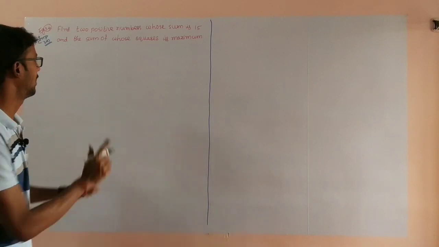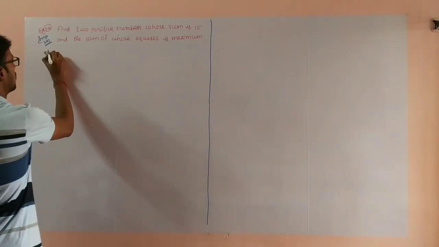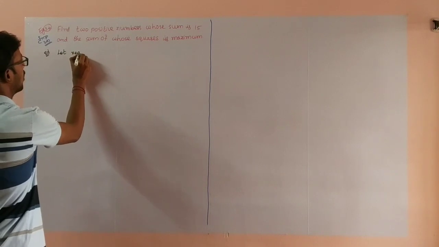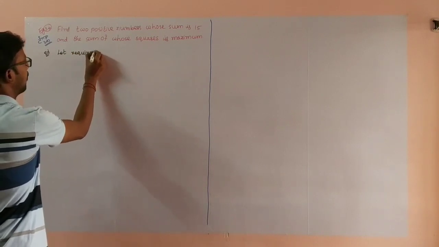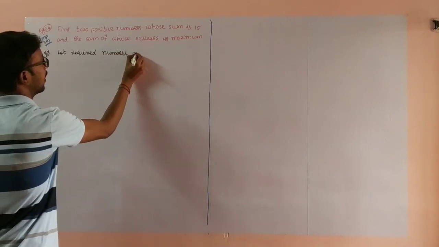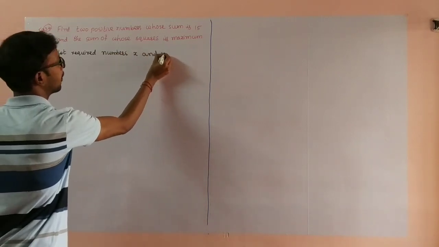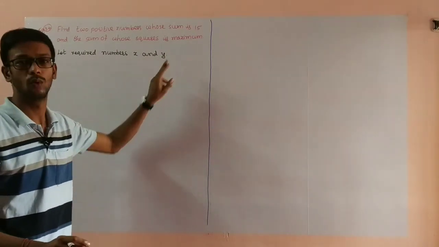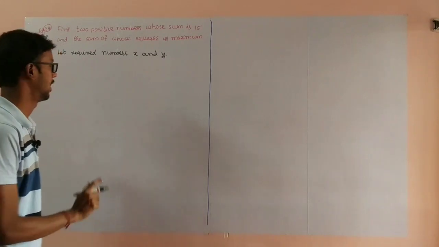For that purpose, first, we don't know the values. Let the required numbers be x and y. I don't know the two numbers, so I am taking two numbers x and y.